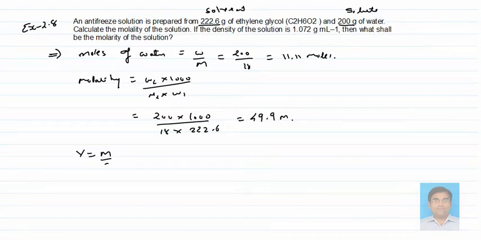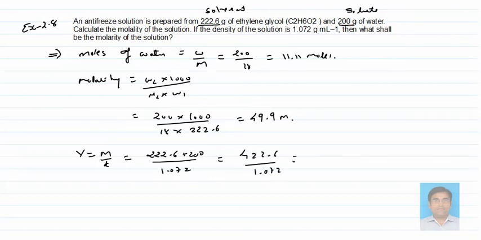So the total mass will be 222.6 plus 200 divided by density 1.072 equals to 422.6 divided by 1.072. Answer is 394.21 ml. This is the volume.